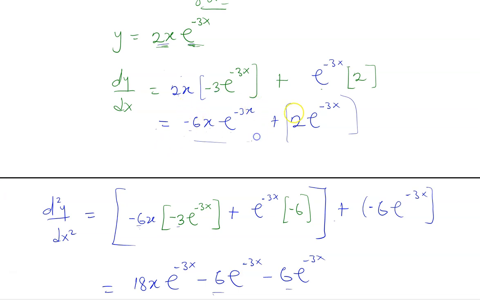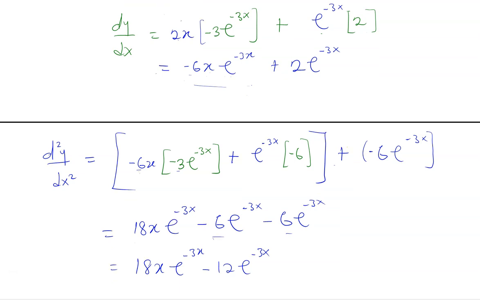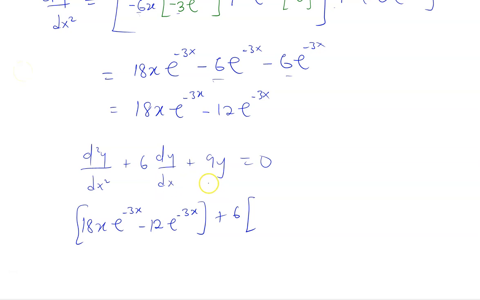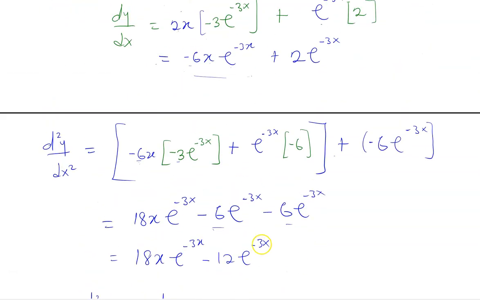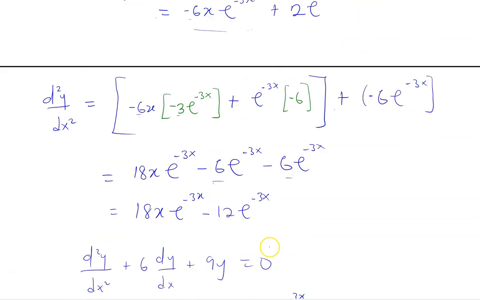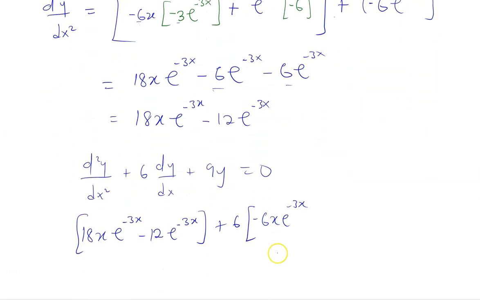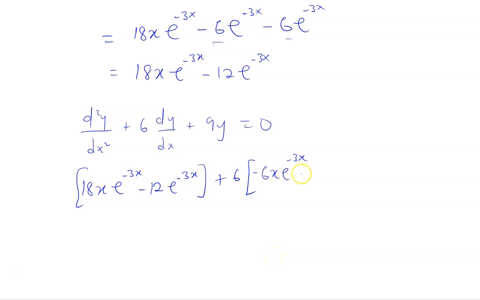We are going to get minus 6x e^(-3x) plus 2e^(-3x).